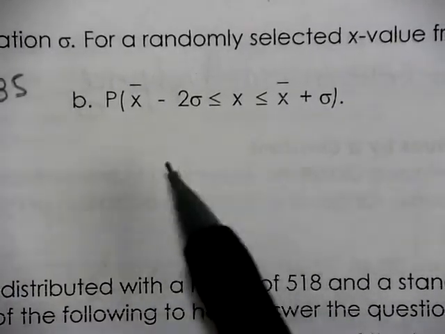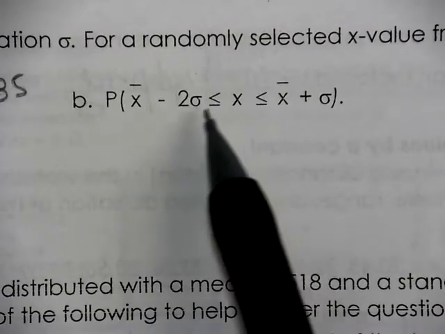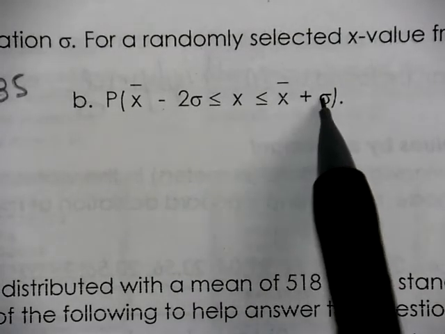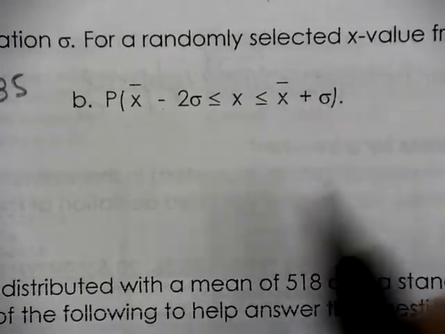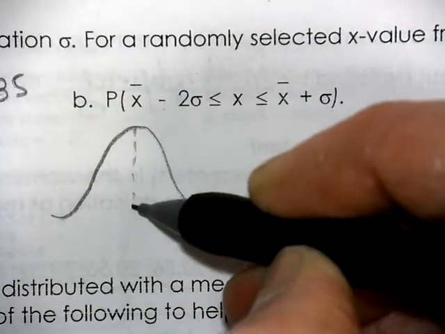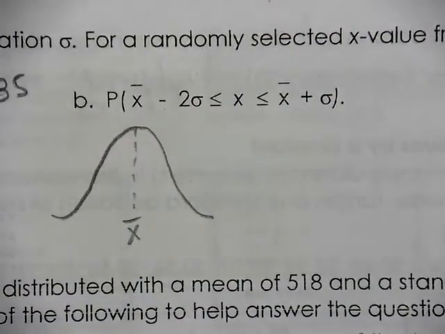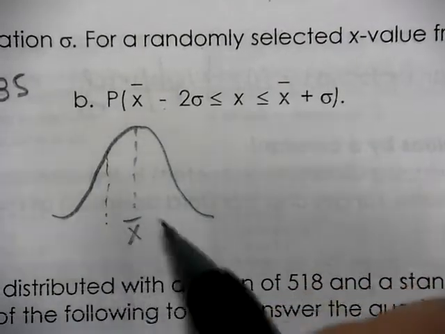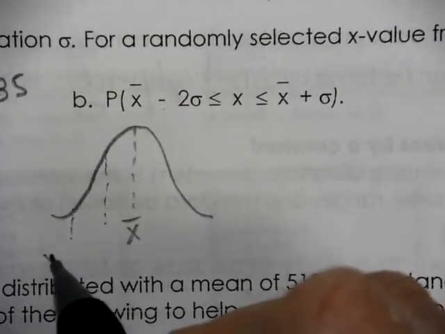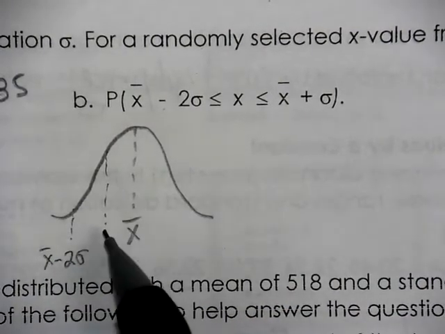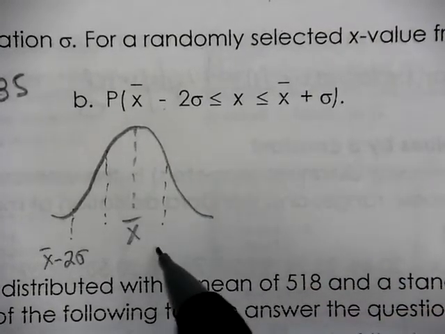For part B, what's the probability that we are greater than 2 standard deviations below the mean and 1 standard deviation above the mean? Well, I'd suggest making your bell-shaped curve, put in your average. Right now we don't have numbers for those averages, we're just representing it as x-bar. We're going to go 2 standard deviations down, so this one here is x-bar minus 2 standard deviations. This one would be 1 down. This one would be 1 up.